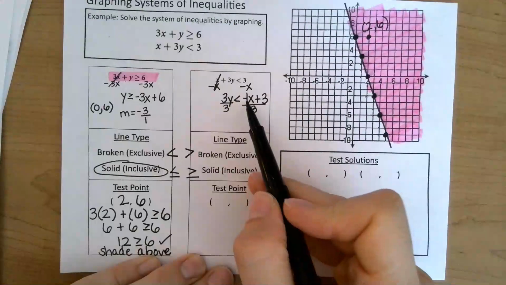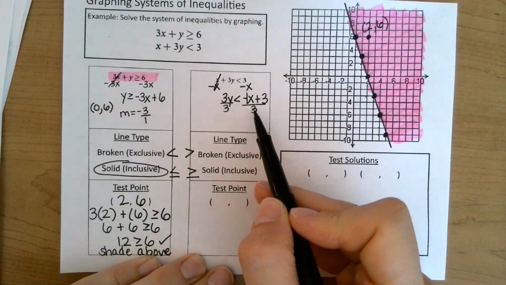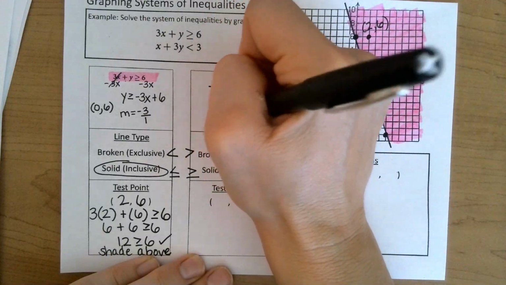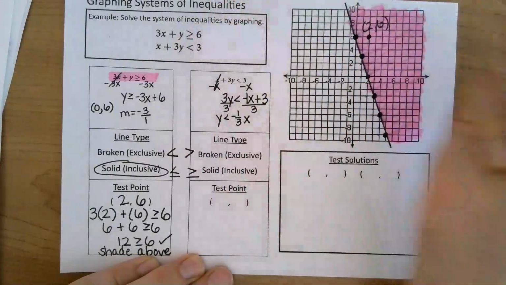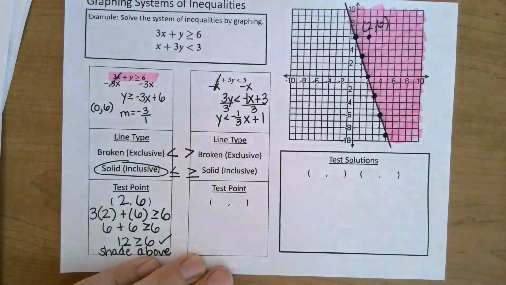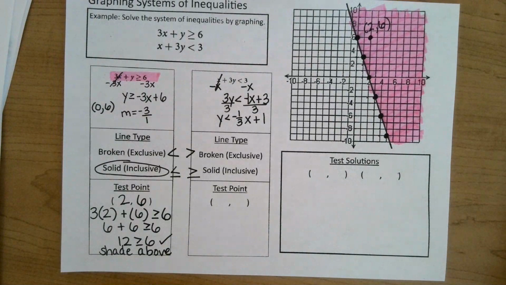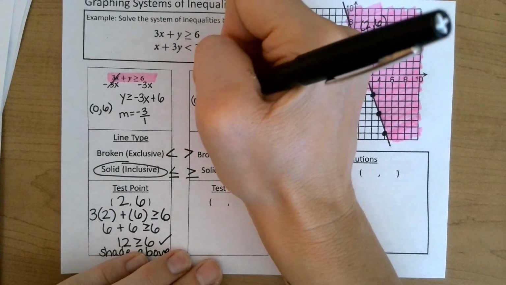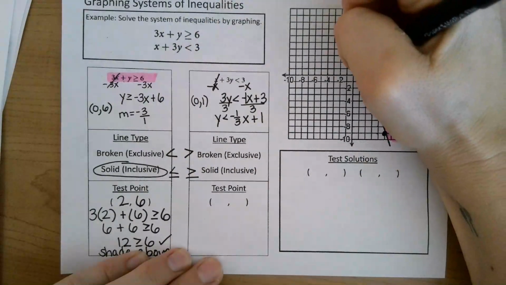And then keep our slope in fraction form. What is negative 1 divided by 3 in simplest fraction form? Negative 1/3 x. What's 3 divided by 3? So plus 1. All right, what is our y-intercept? All right, so put a point at 0, 1.